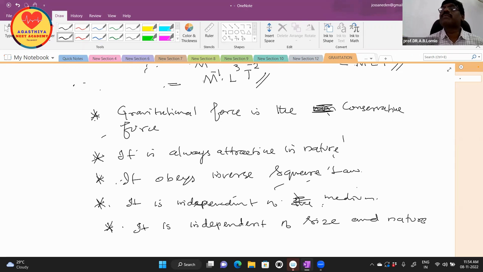Non-conservative forces, for example frictional force, viscous force, pressure force, are examples of non-conservative force. I repeat once again, conservative force does not depend upon the path. It depends upon the initial and final condition, whereas non-conservative force depends upon the path.